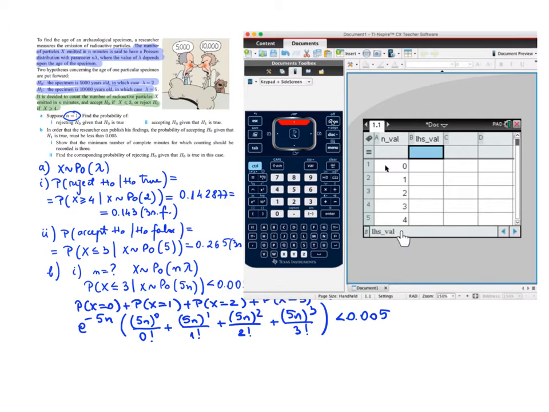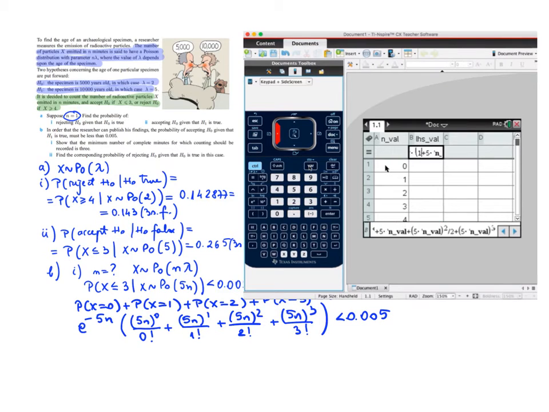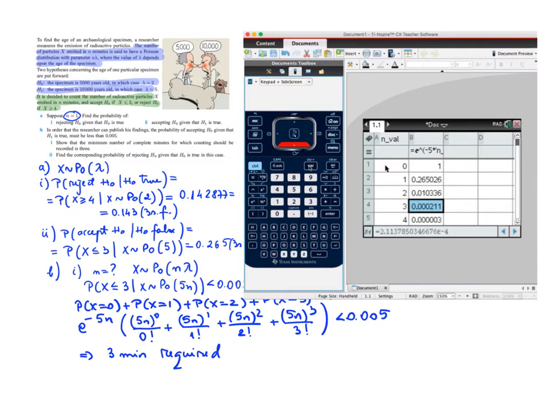I insert the formula here, which is the left-hand side. Forgot to start my formula with an equal sign. And now I see that these values are bigger than the right-hand side, and the first one which is smaller is n equals 3. So my answer is 3 minutes are required.